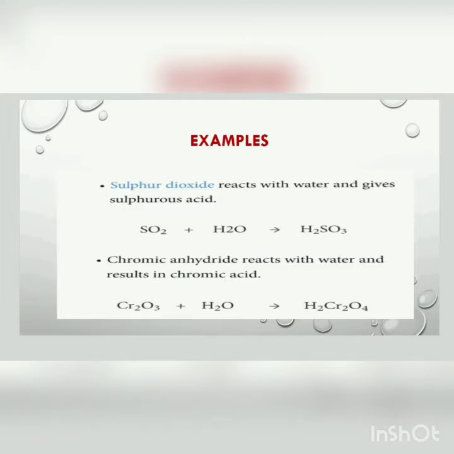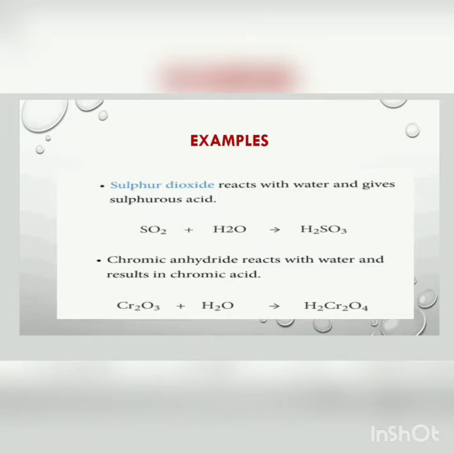Chromic anhydride reacts with water and results in chromic acid. CrO3 plus H2O gives rise to H2CrO4. So CrO3 is chromium oxide, H2O is water and H2CrO4 is chromic acid, right?